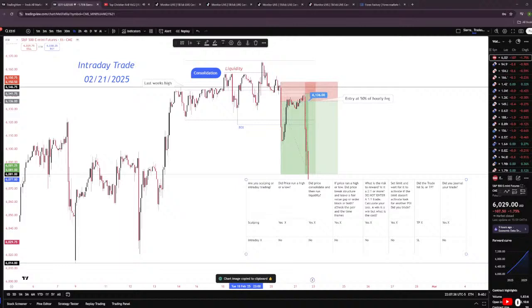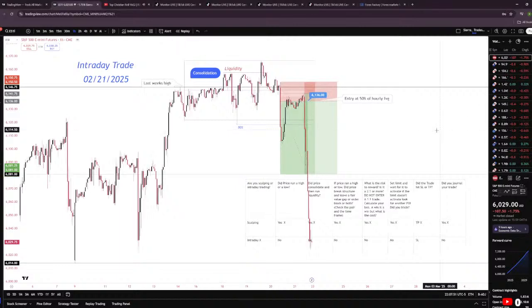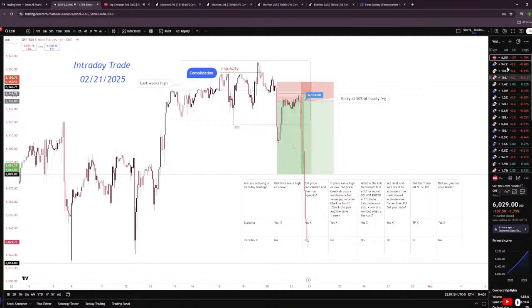All right, I'm dropping it in the Discord. We're using this as a journal because price repeats itself on the charts.